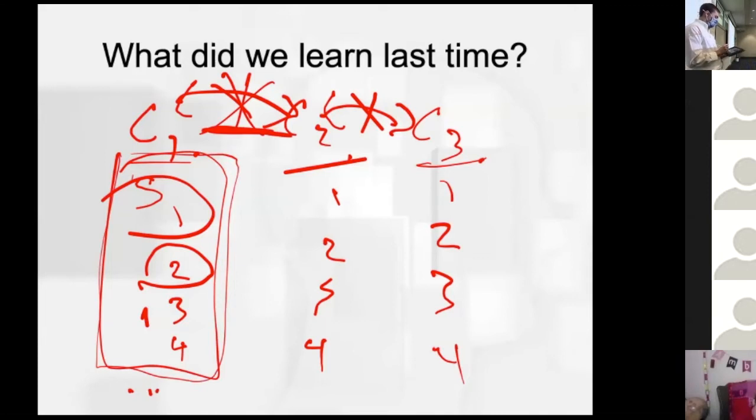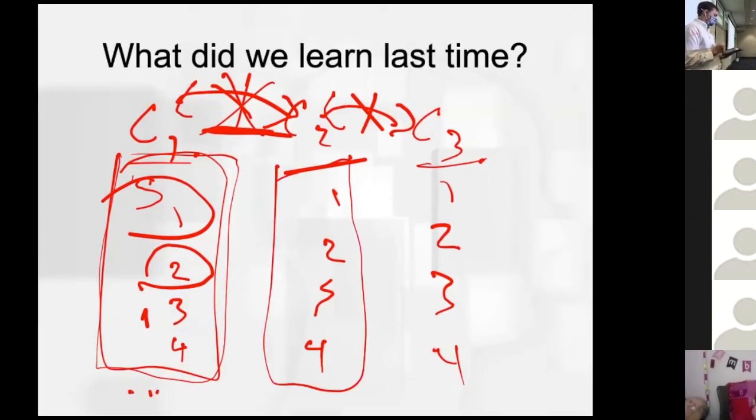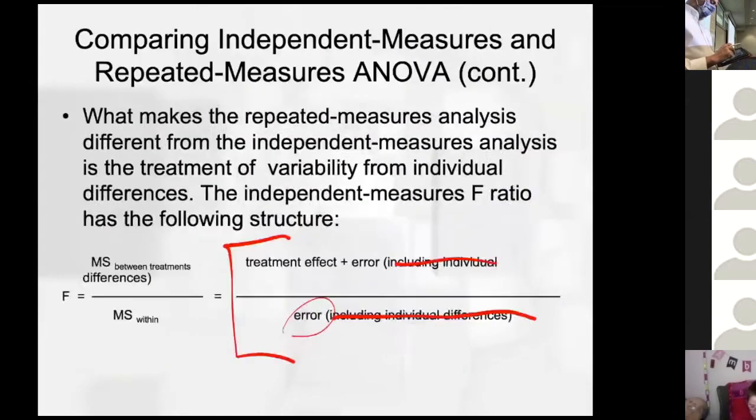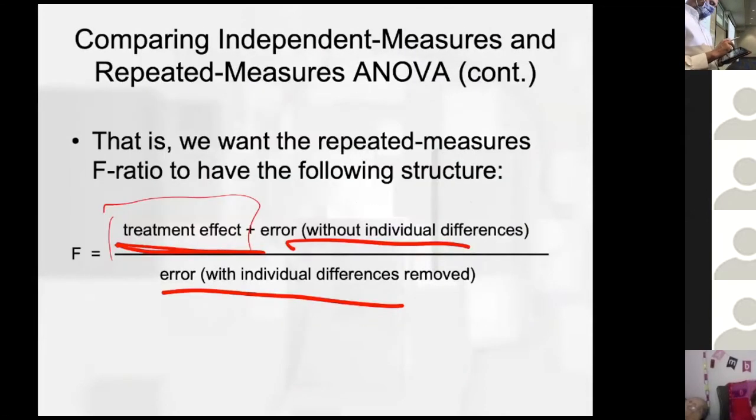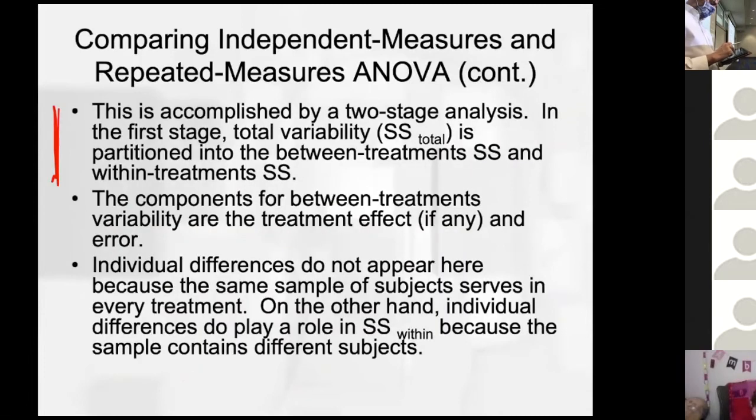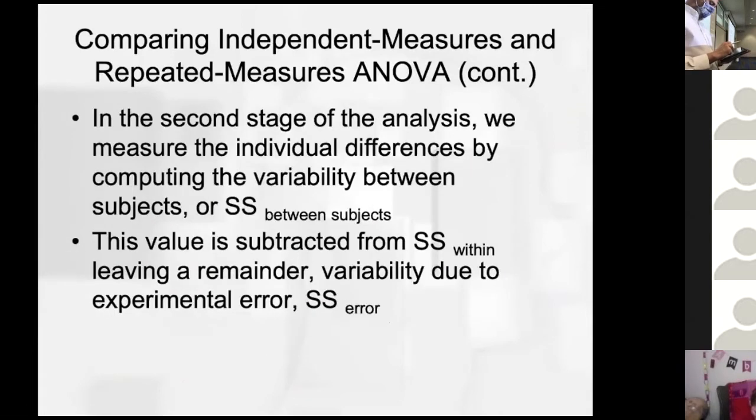And removing it within these groups is what we're going to be doing today to allow us the benefit of a repeated measures ANOVA. All right, so in this second stage of the analysis, we measure the individual differences by computing the variability between subjects.